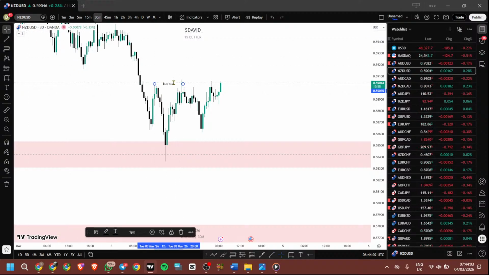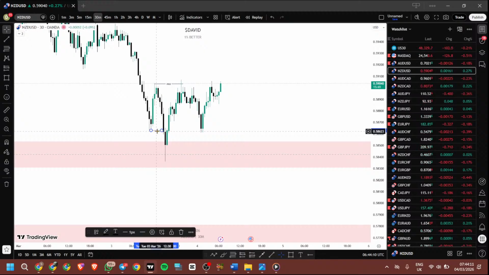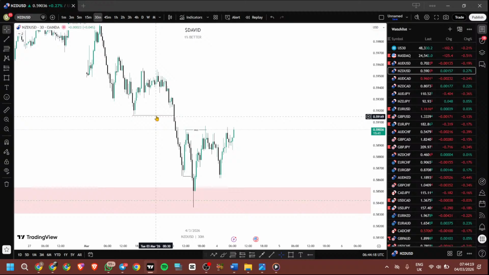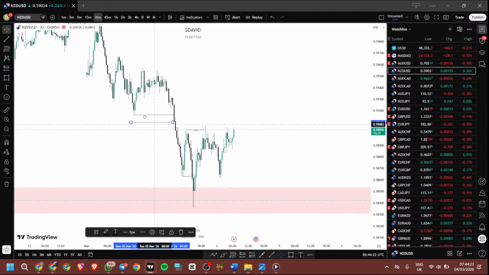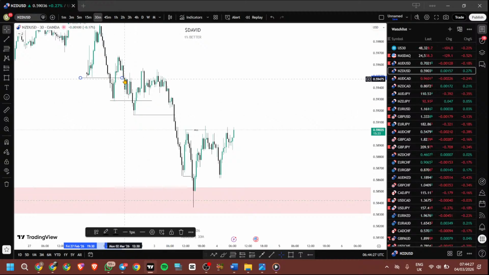seems to have shifted structure here. Because this was the previous low, right? This was the previous low right here too, right? Like this and like this.